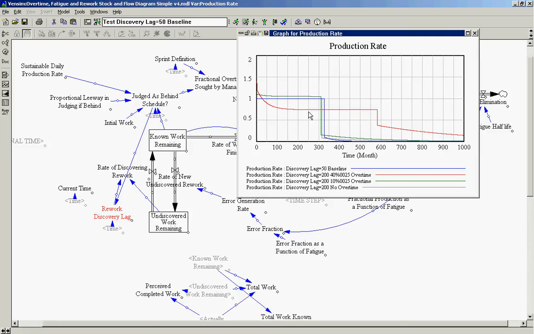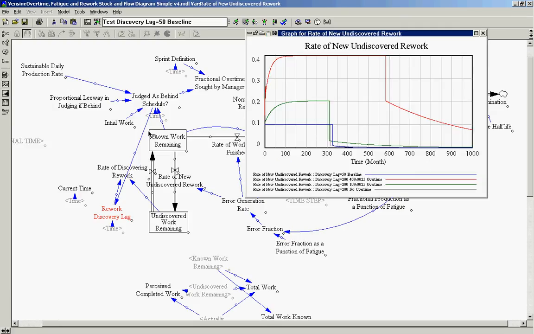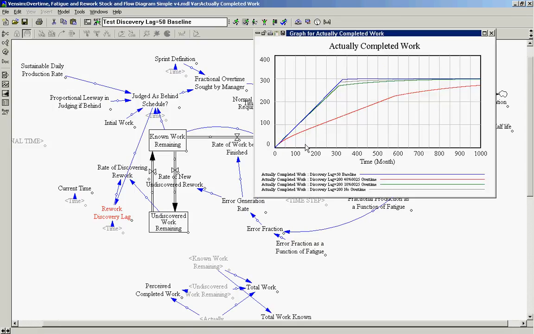But what's more of an issue is that the rate of rework, the work that's being introduced, undiscovered rework, gets much larger because of the larger number of mistakes that are being made. And that ends up accumulating here, and that's extra work to be done. So if we were to look at the total amount of work being done over time, the actually completed work, we can see essentially having larger amounts of overtime really drags out a project.